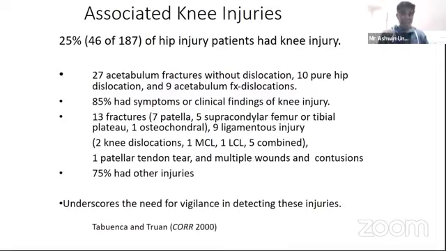You might save the patient by reducing the hip, but if the patient has a patellar tendon injury which you have missed, there are consequences. I have had a few occasions where patients have come back and sued the trust or the hospital because we missed something. It is vital that we do a secondary survey and a tertiary survey to find any other injury.